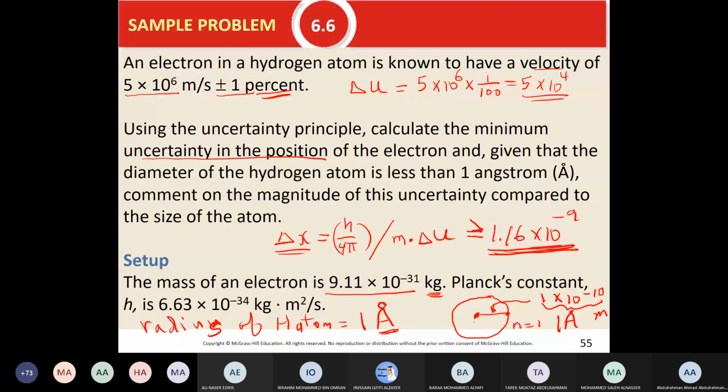The error is plus or minus 1000%. Can you repeat the last point, doctor? Okay, the radius here, delta x, is equal to 1 times 10 to the power minus 10 meter, plus or minus 1000%.